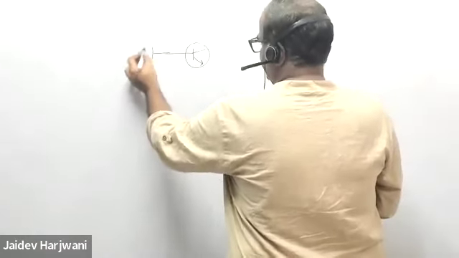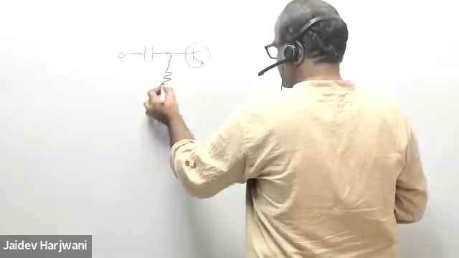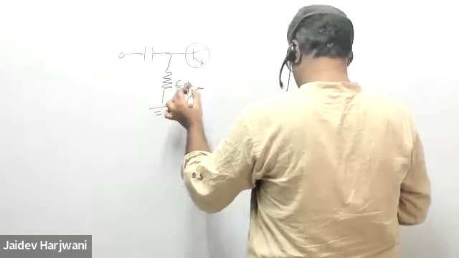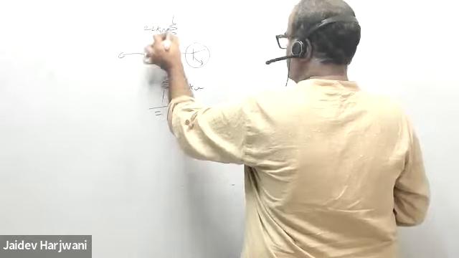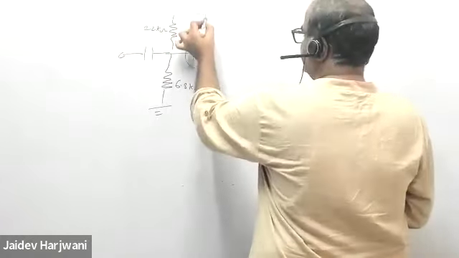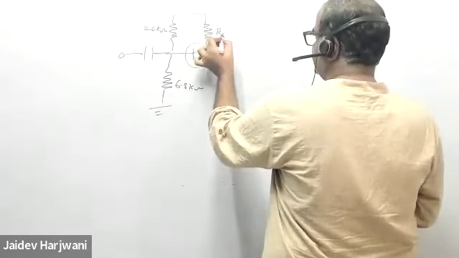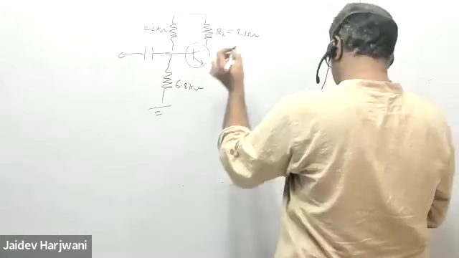So it's very simple. You have again a voltage divider bias circuit. This is 6.8 kilo ohm, this is 20 kilo ohm. This is basically the frequency response of a BJT, how a BJT, while working as an amplifier, responds to different kinds of frequency.